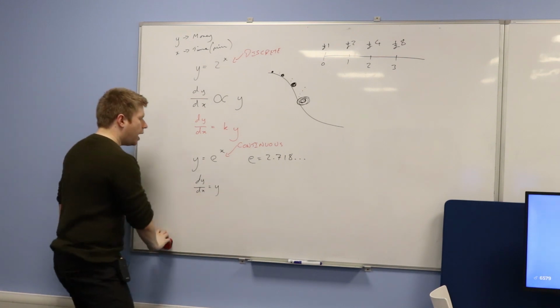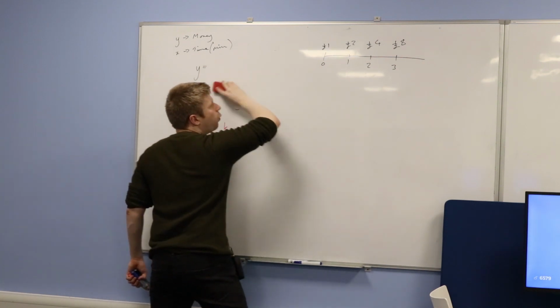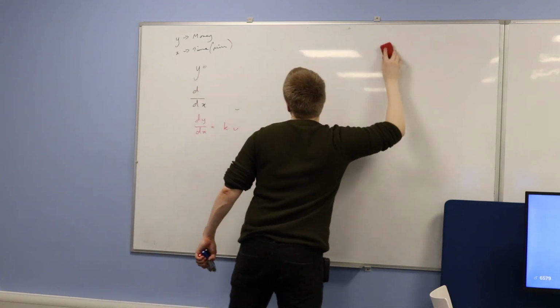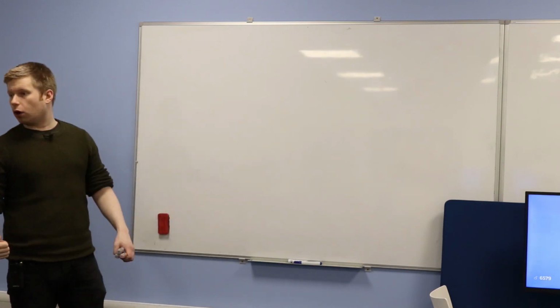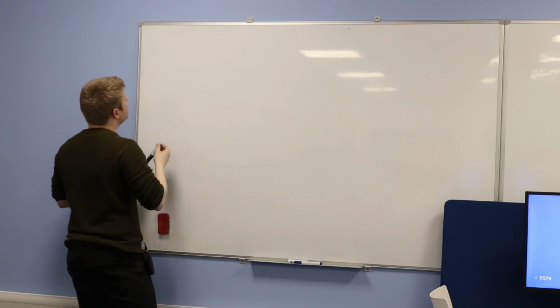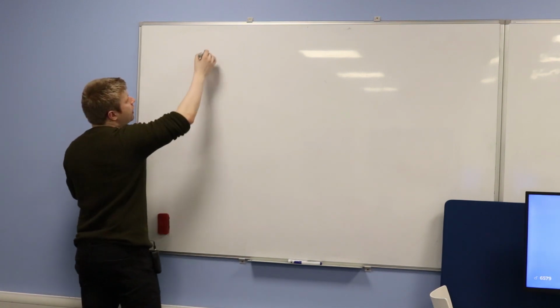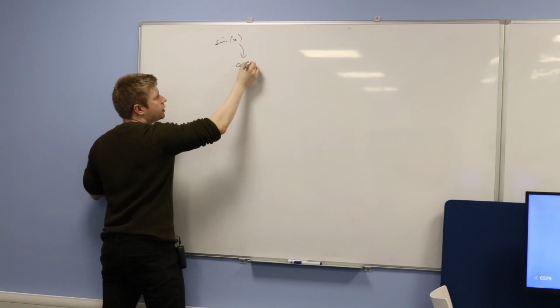Anyway, at the end of last lesson, we looked at how we could differentiate trigonometric functions, sine and cos, and also exponential functions, sort of. Can anybody remember, if I differentiate sine, it differentiates to cosine.